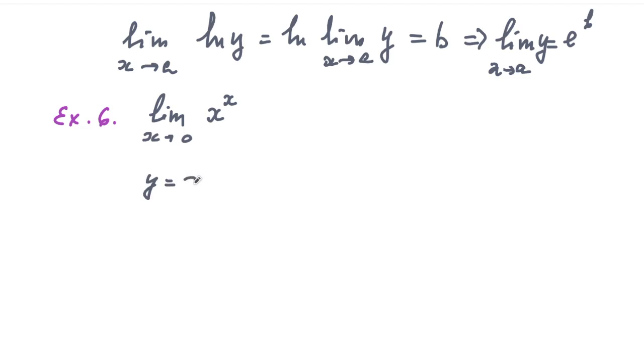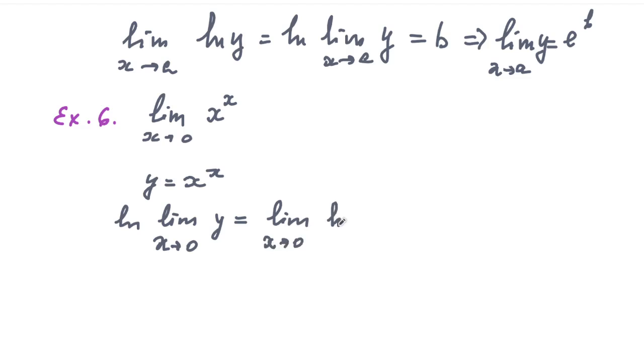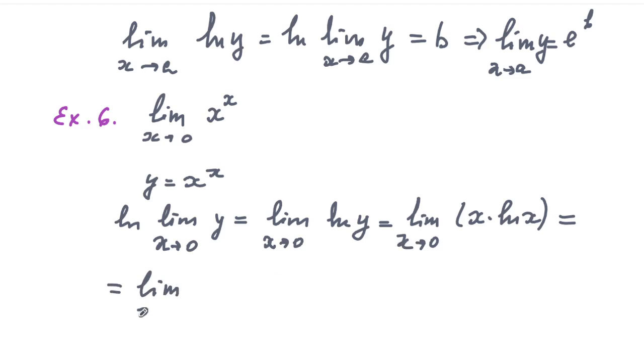Putting y is x to the power of x, we find natural logarithm of limit as x approaches 0 of y is limit as x approaches 0 of natural logarithm of y, or limit as x approaches 0 of x times natural logarithm of x, or limit as x approaches 0 of natural logarithm of x over 1 over x.